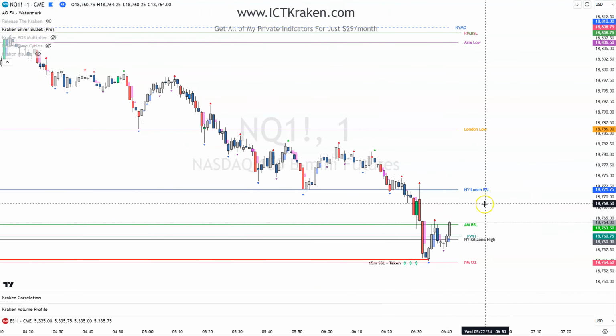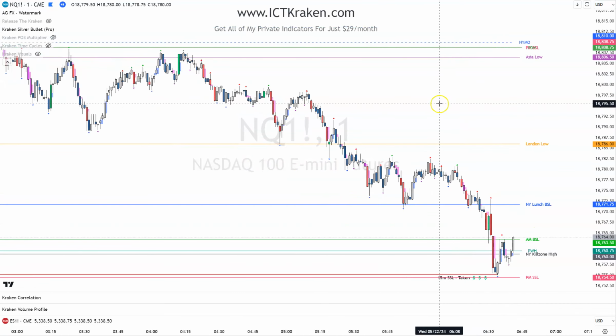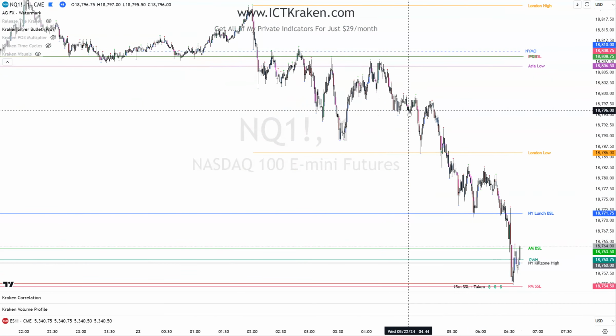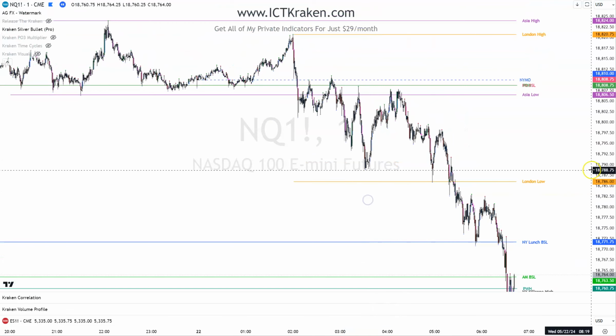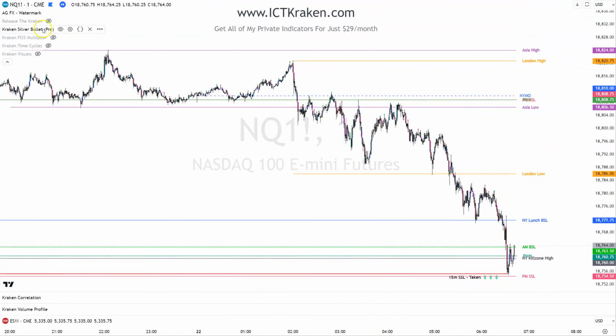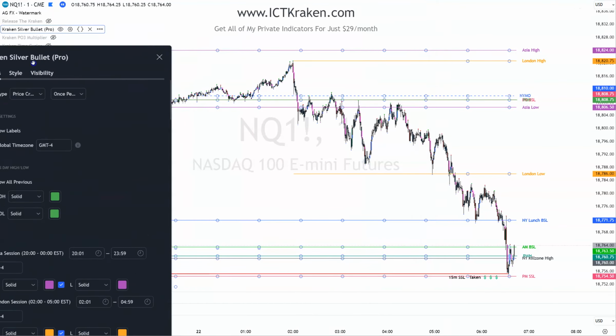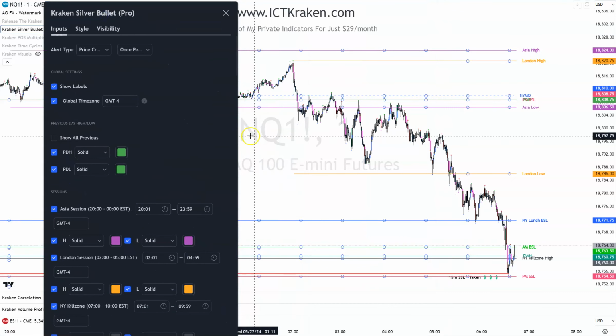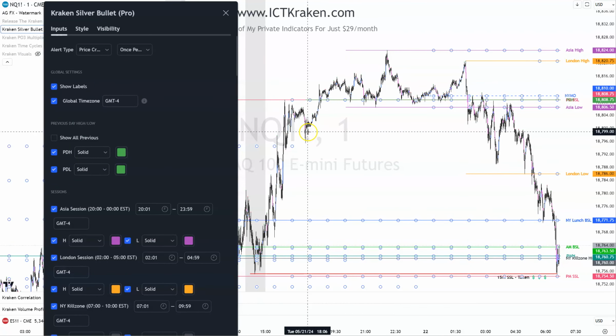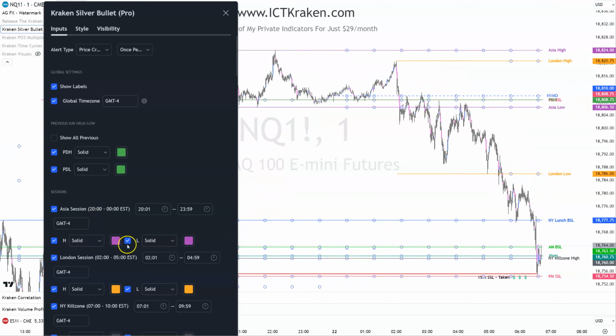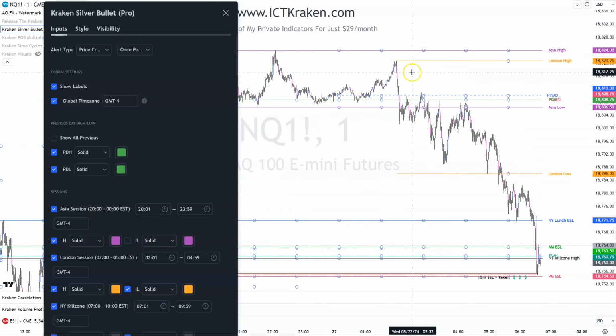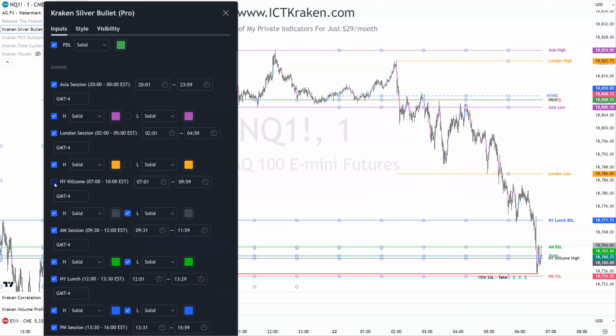Now, when I saw that, let's see what liquidity is left to be taken. Let's shrink this up, get rid of some of these lines. Asia high has not been taken, so Asia low has been taken. London high is not, London low has been taken. Kill zones before that, so let's take that off.